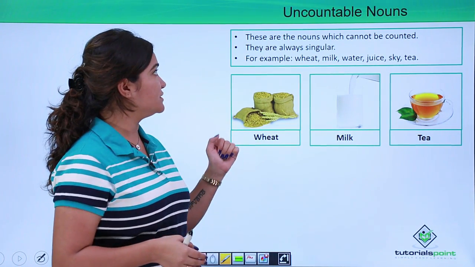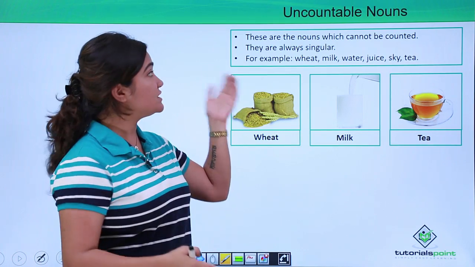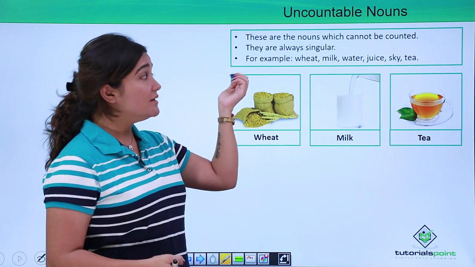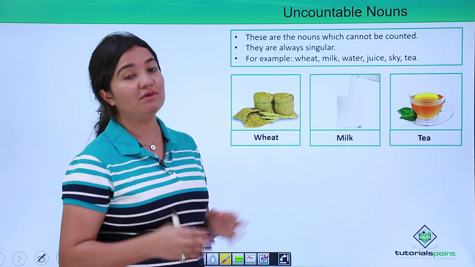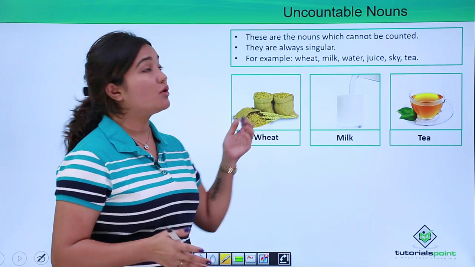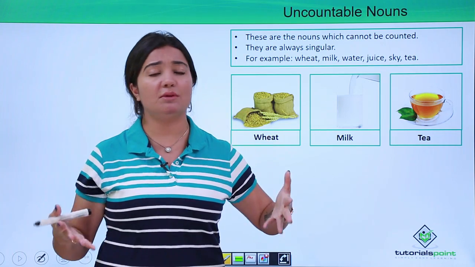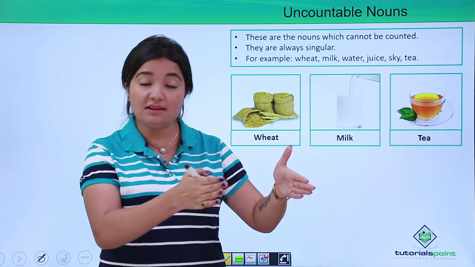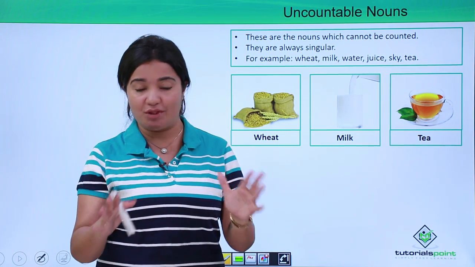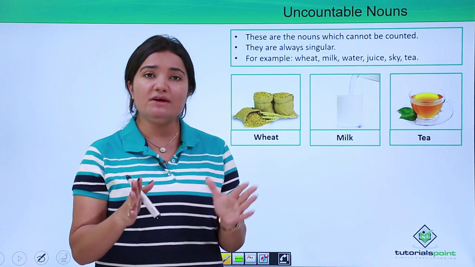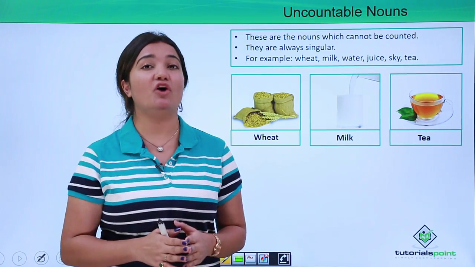So first of all, let's read the definition. These are the nouns which cannot be counted, something I've already told you. They are always singular, so singular or plural, it's all the same. You cannot put an S in the end and make it into a plural form. No, that's not the case. You can always take them as the singular form only.